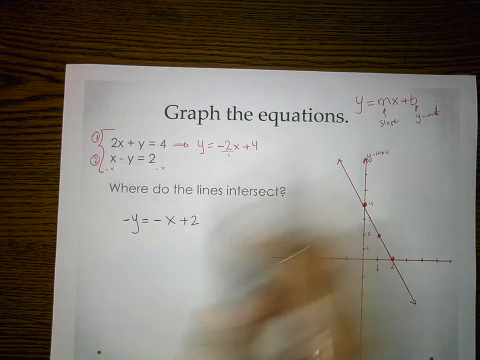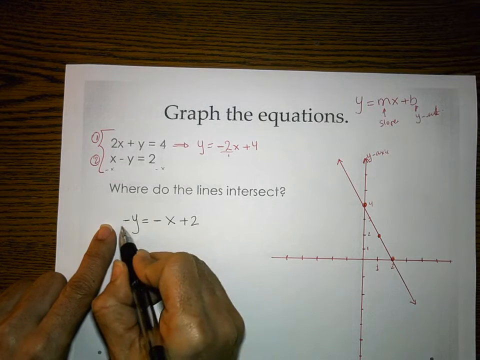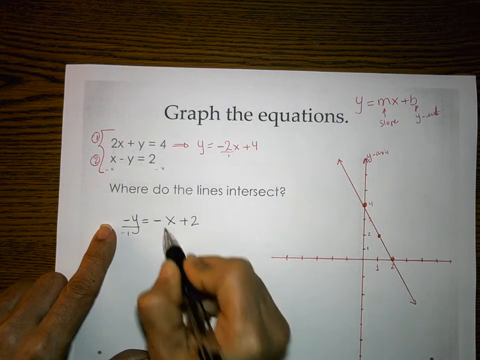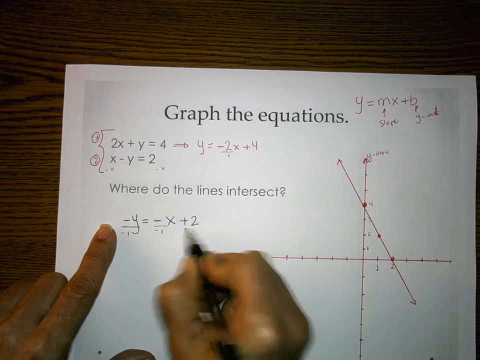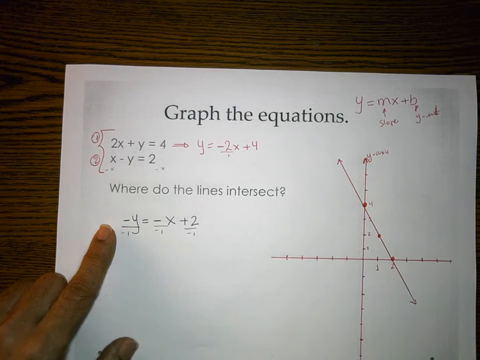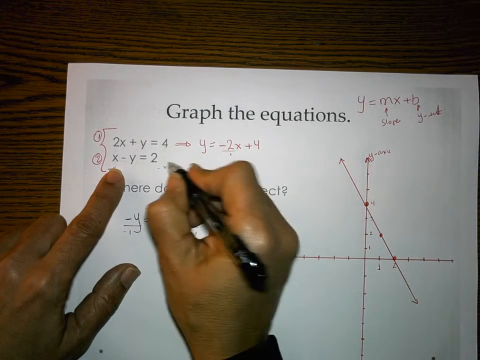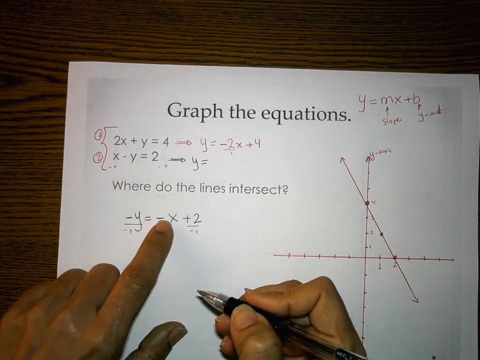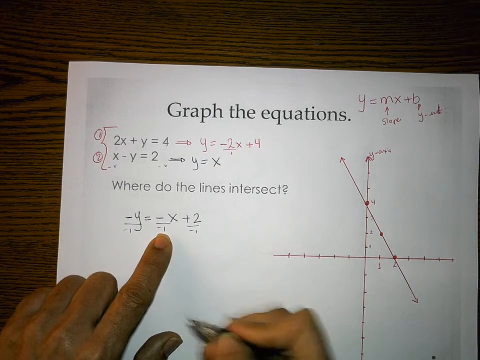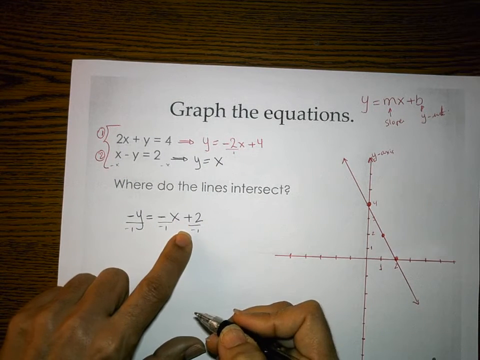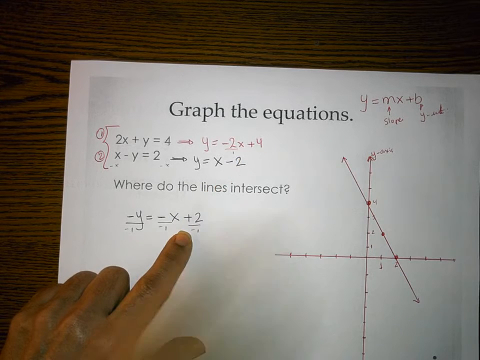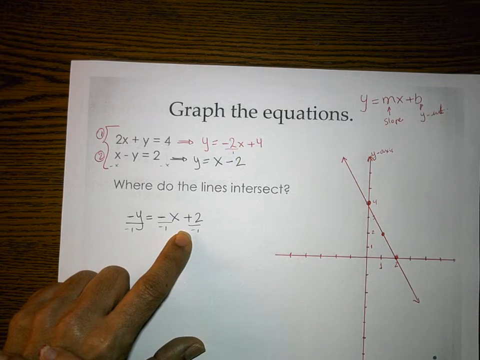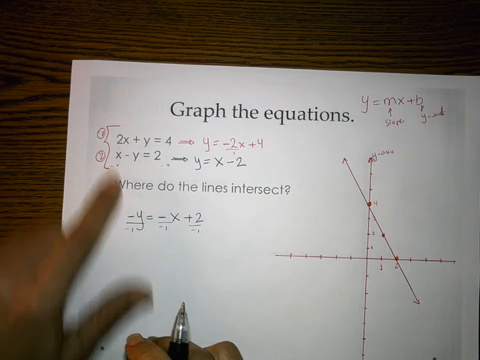So I need to divide by a negative 1 so I can get rid of this negative. So we would have y equals, a negative divided by a negative is a positive x, a positive 2 divided by negative 1 is negative 2. So I just changed this equation to this form.